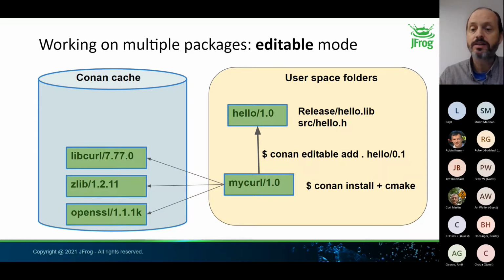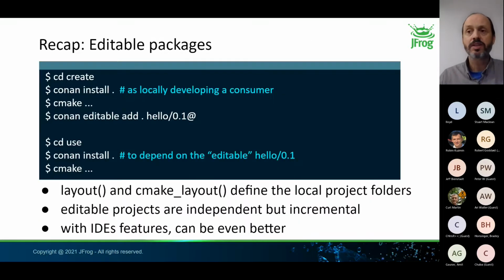Okay, and then suddenly you have the two things in user space, and you can be working together on both at the same time. This is the demo that I'm going to skip because I want to try another thing later. Okay, but the cool thing is that you have these two things. You have the application package and you have the hello package. You can have both of them in two different IDEs, in two different instances of Visual Studio, for example.